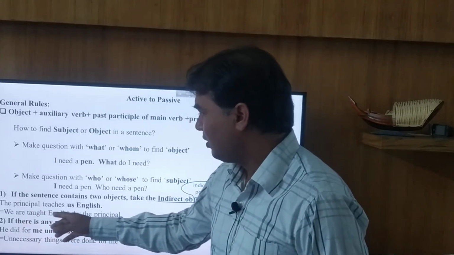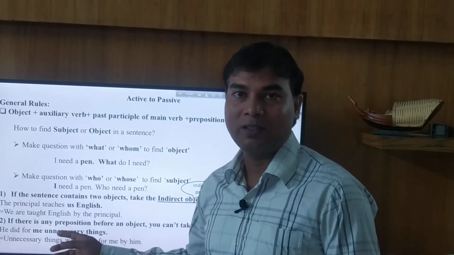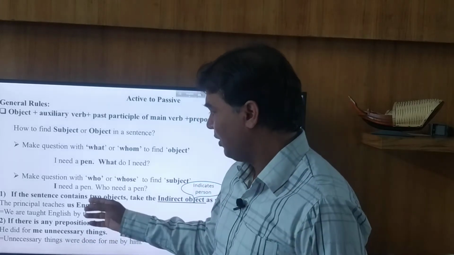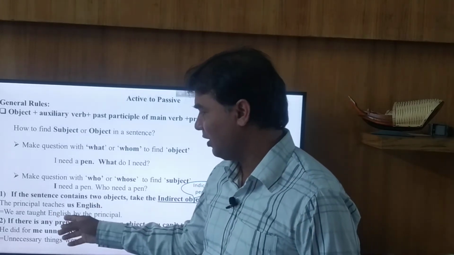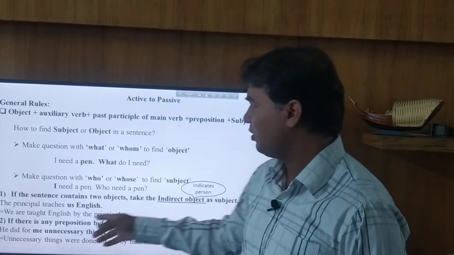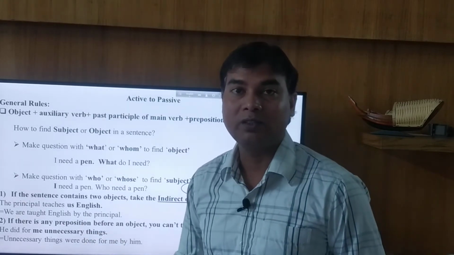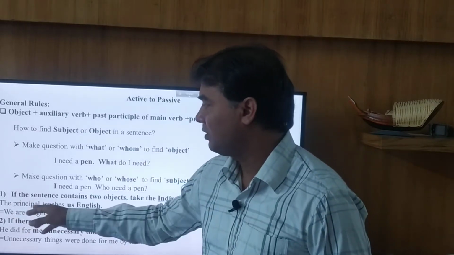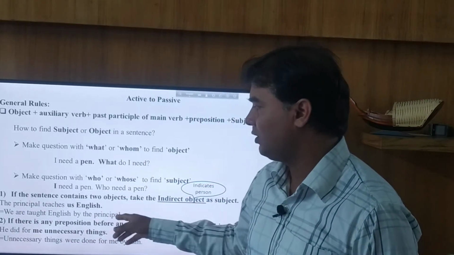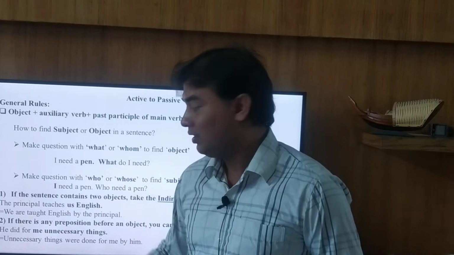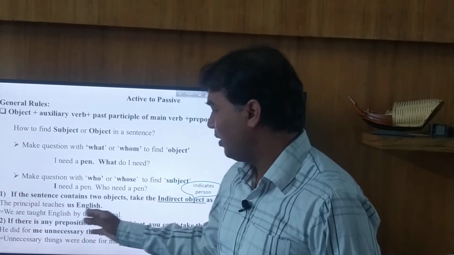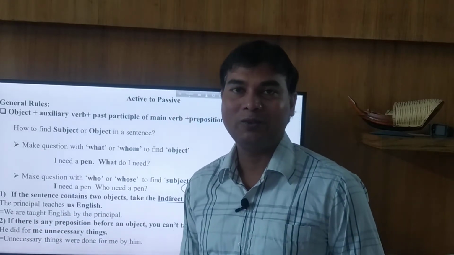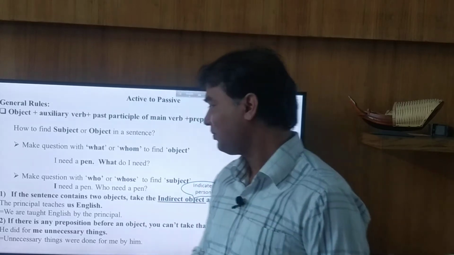So we are taught, and the rest of the sentence, English, and then preposition. Usually we use the preposition by, and then subject. Here the subject is the principal. So we can say we are taught English by the principal. So you see, this is very easy.